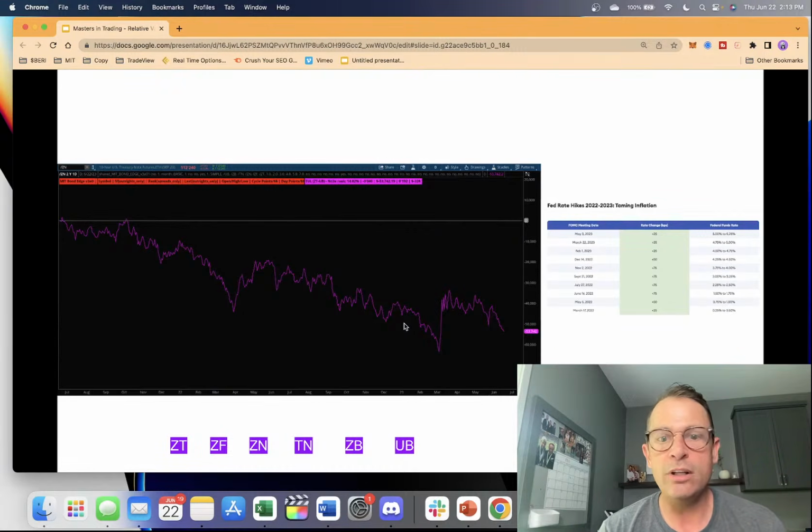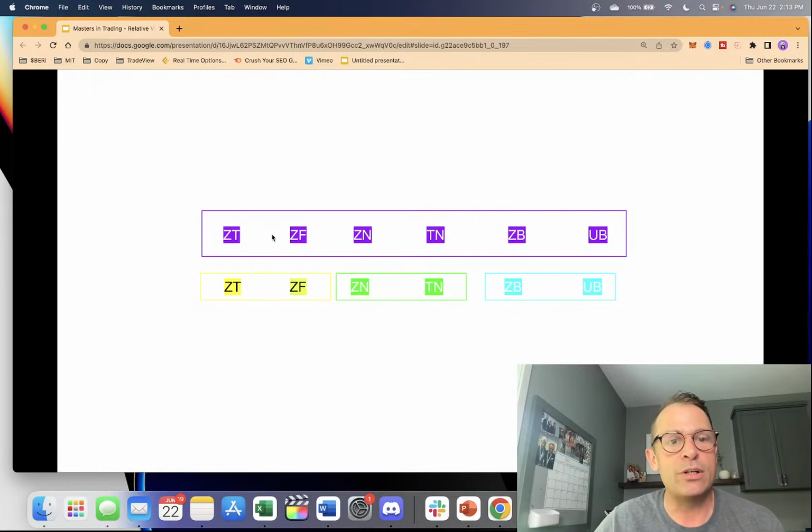Okay? It's one long snake, but that snake can be broken up into many different parts. So we can break that snake into 5 different parts, into 10 different parts. And what I mean by that is the purple is ZT all the way out to UB, but these are all individual spreads.